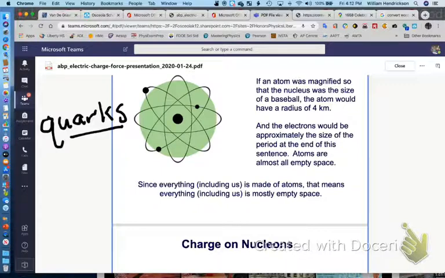And that is basically the difference between a proton and a neutron. That's the reason why protons have a positive charge and neutrons have no charge. They're both basically the same mass, 1.673 versus 1.675 times 10 to the negative 27.